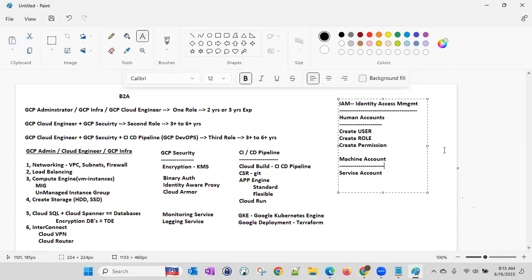A service account should be there in any service. In databases also we will be creating them, in GKE also we are creating them. Why? We need to provide permissions. Simple example I will tell you. For example, I am a super role. Naresh is a senior engineer. He has complete access.